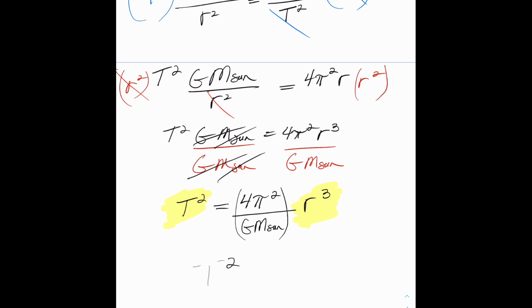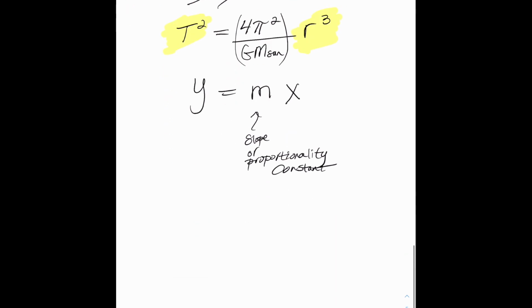Let me show you why it's proportional. This is in the form of y equals mx. And so your slope is also your proportionality constant. So what I'm saying here is if you graph period squared versus radius cubed, you will get a straight line that passes through the origin.